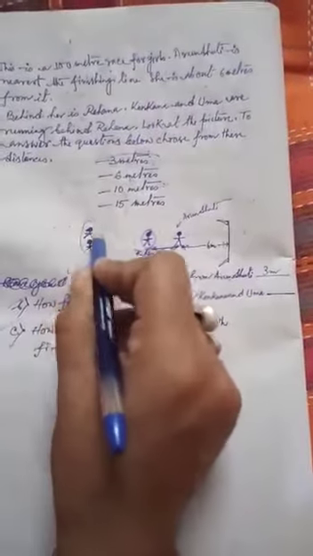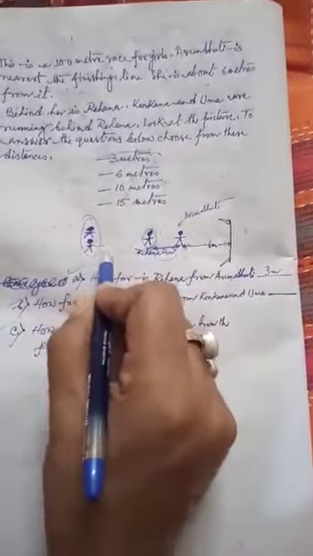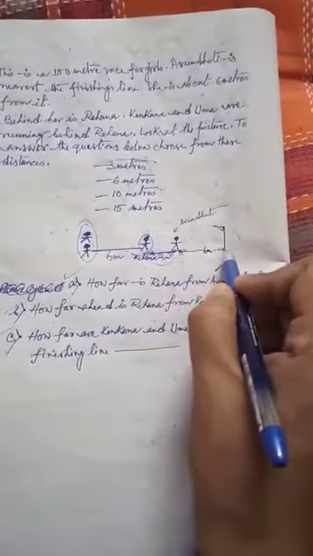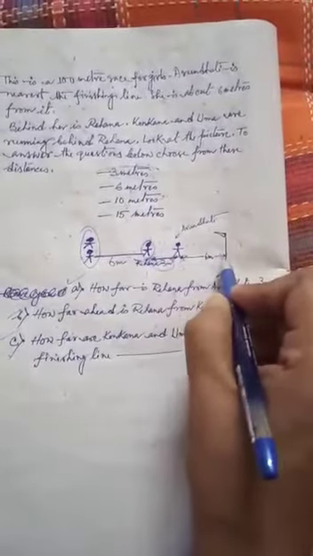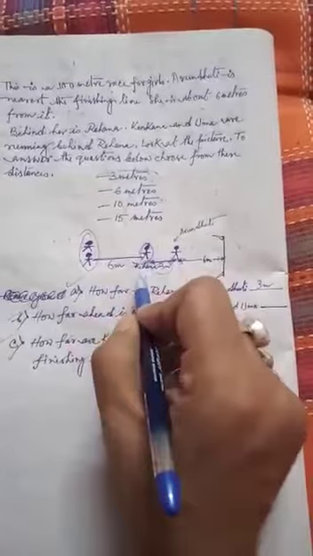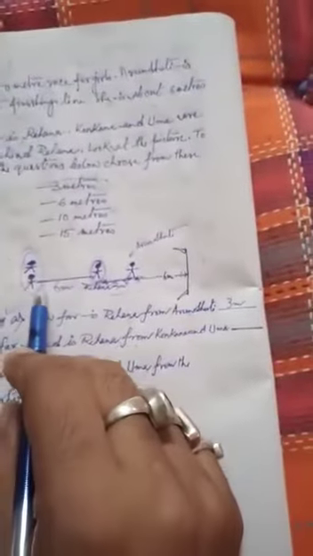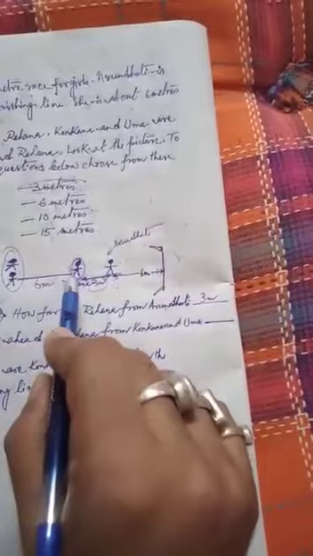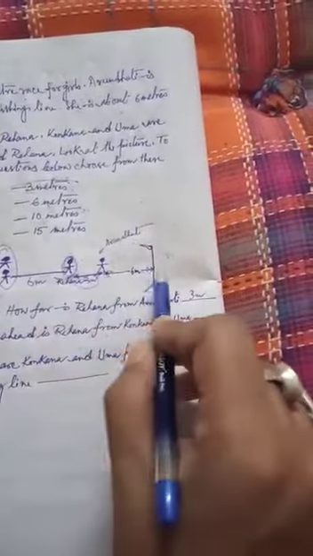Kankana and Uma are here. Looking at this picture, the distance between Rihanna and Kankana is the same as the distance between Arundhati and the end line.